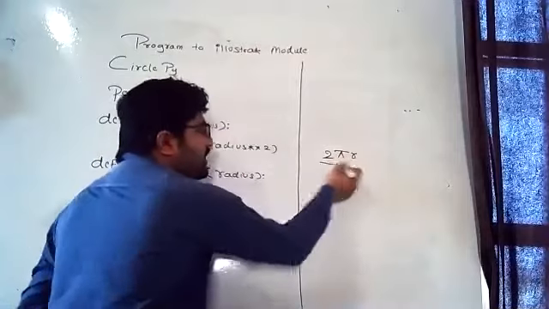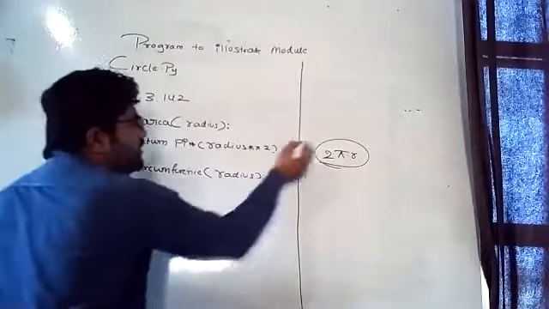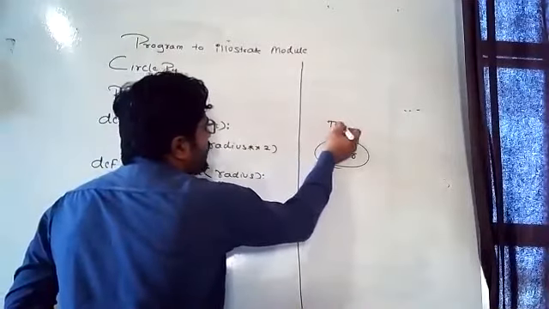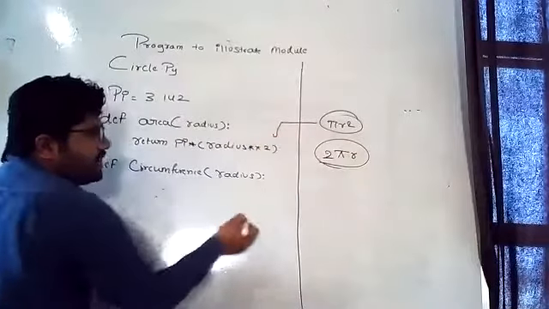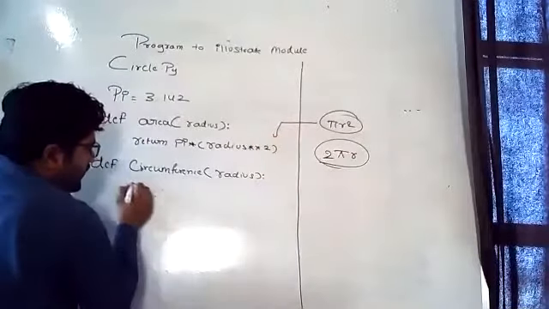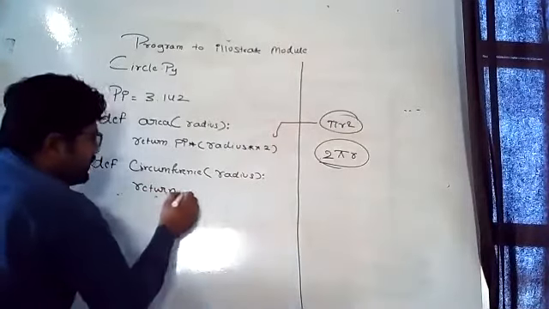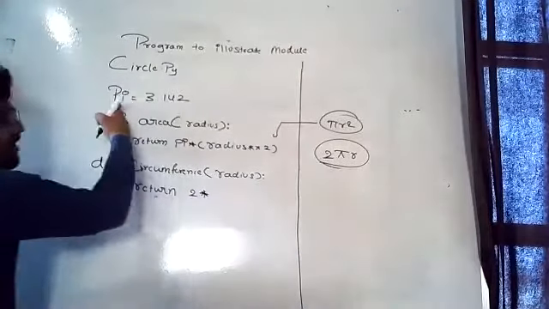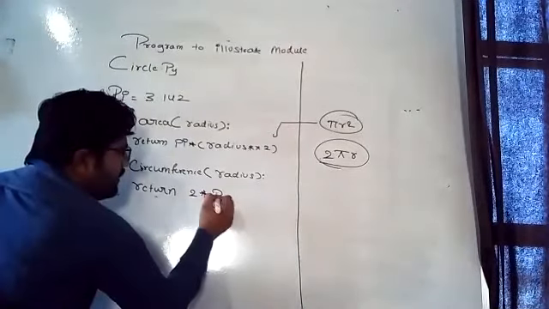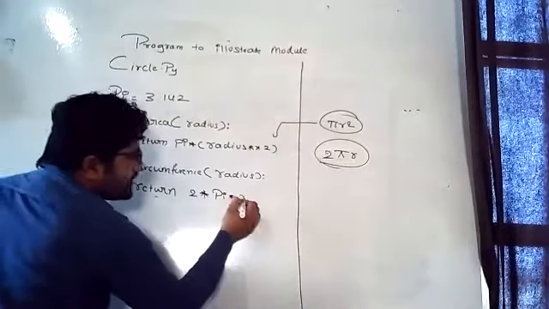To find out the area of circle, pi r square; here, the circumference is written like this: return 2 into pi into radius, instead of pi we have pi, instead of r we have radius.